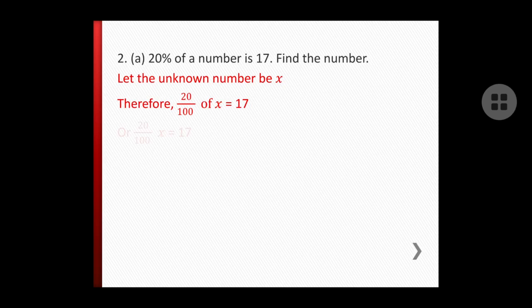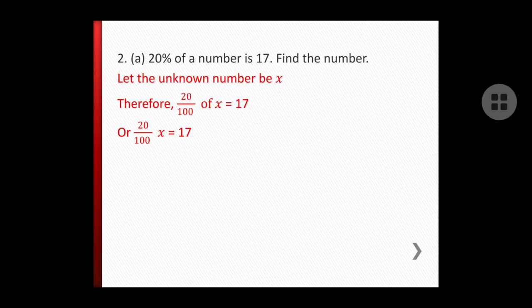So I will show you. We can write like this, correct? Of means multiplication. That means 20 by 100 x is 17. So what is x? Take 20 by 100 to the other side. The operation between 20 by 100 and x is multiplication, correct? So when you take it to that side, it will be division.